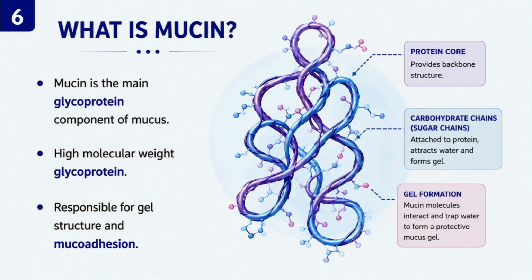Imagine mucin molecules as long molecular chains forming an intangible network. Mucoadhesive polymers can interact with this mucin network. These interactions are central to mucoadhesion. So remember, mucus is the secretion, while mucin is an important glycoprotein component within mucus.